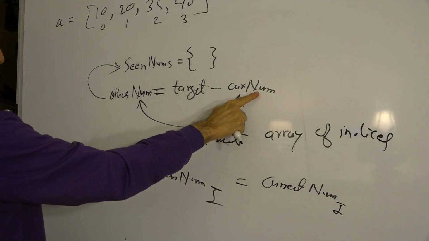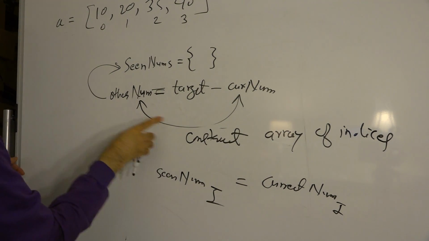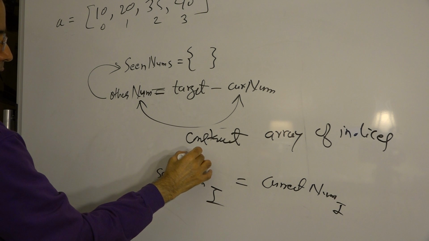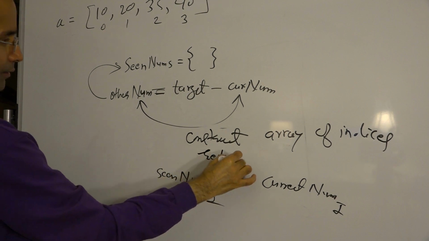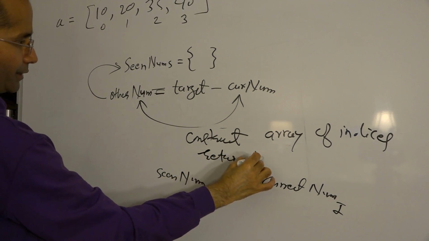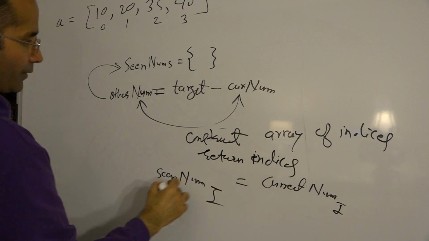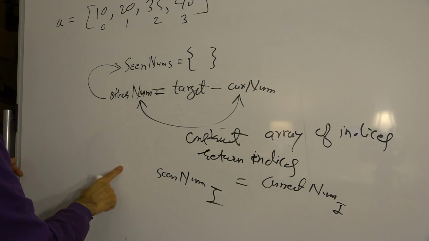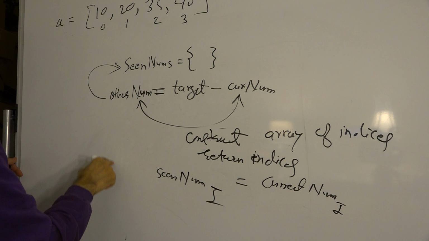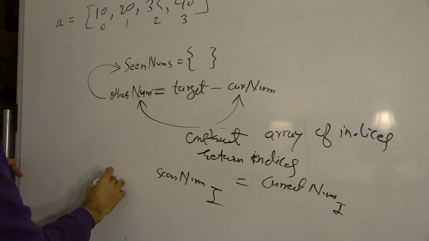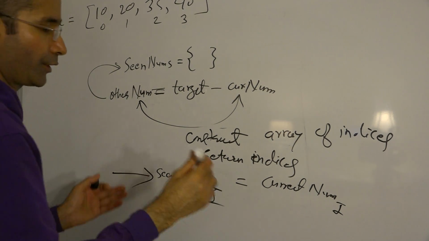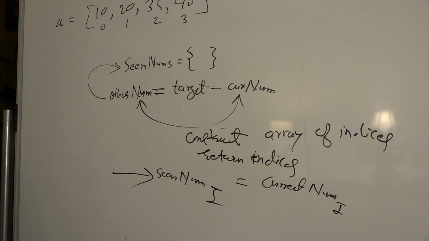There'll be the index of the current number and the index of the other number, and then return the indices. If it is not matching, then we store the current number in the list of seen numbers.